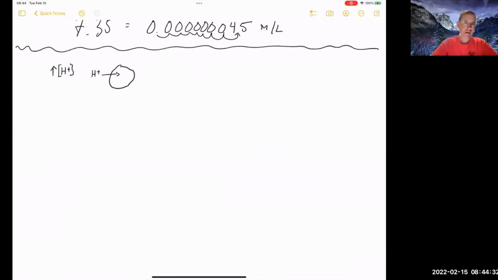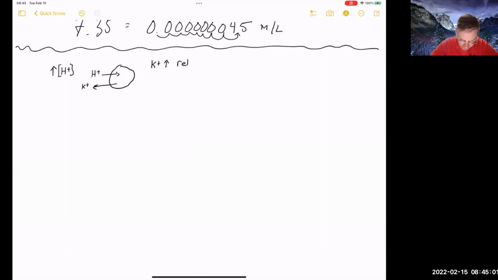And so what can happen is as positive charge is moving into the cell, positive charge kind of needs to move out in a way, because remember, positives and negatives repel each other. And so what can happen in the setting of acidosis is you can get potassium ions shifting out of the cells.